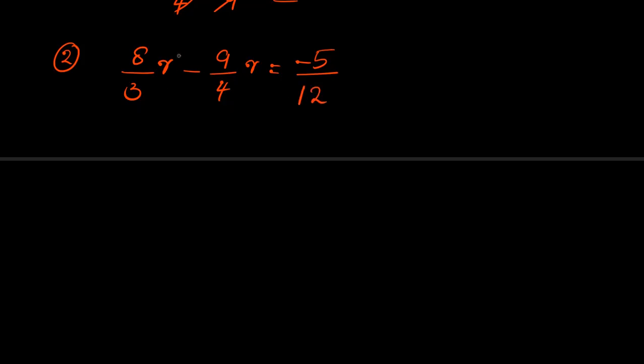So here on the left side we have two terms, both have the variable r, and their denominators are not the same. The first one's denominator is 3, the second one's is 4. So they are not like fractions.